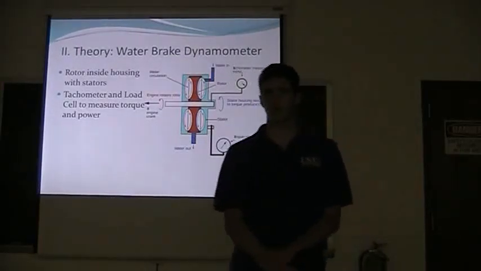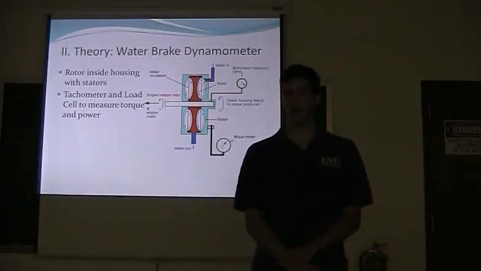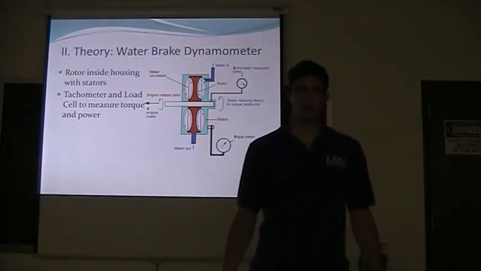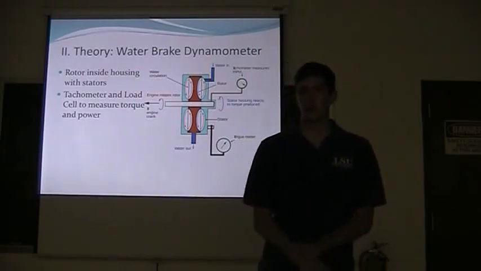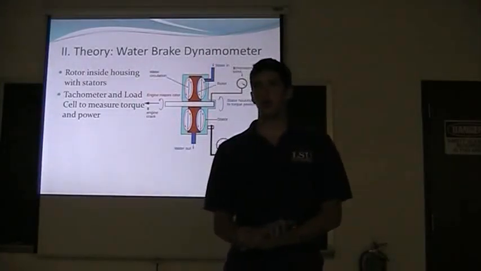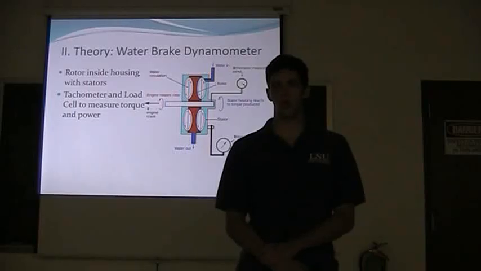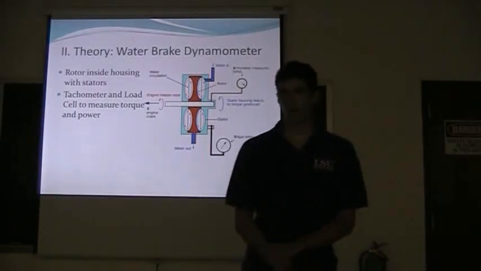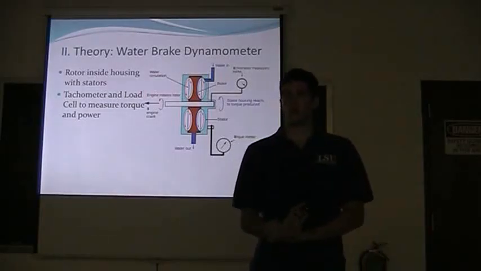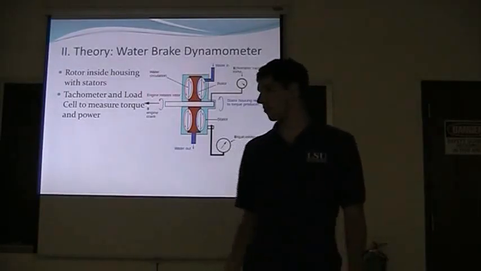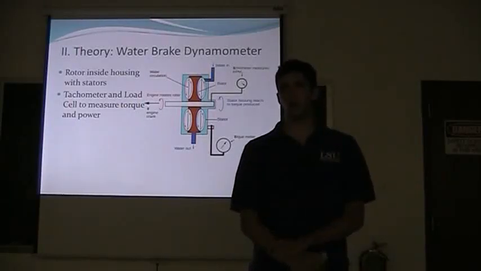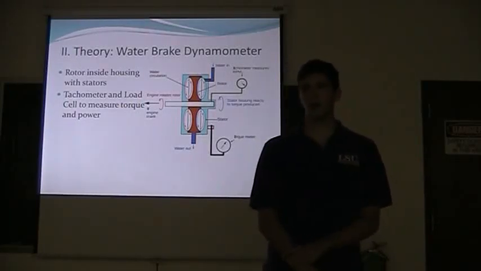To test the engine, we're going to use a water brake dynamometer. A water brake dynamometer is basically a viscous coupling. The rotor is attached to an engine, and it turns in the fluid, water, and the fluid transmits power to the housing of the rotor. The rotor is set with a torque meter, which measures the torque, and we have a tachometer on the rotor.